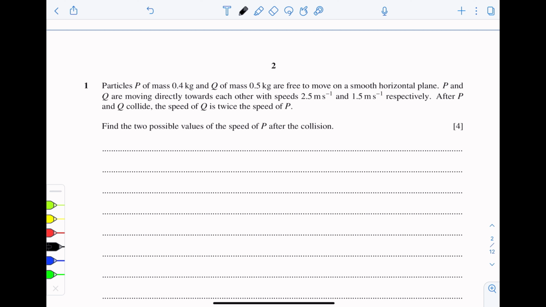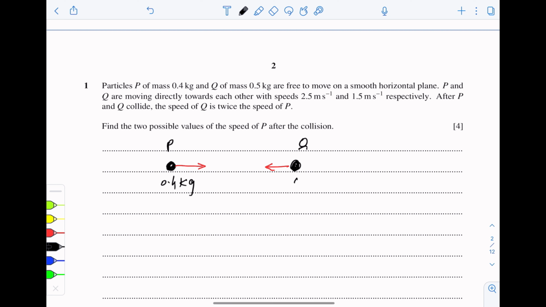Let this be a particle P. This particle is Q. They move on a horizontal plane, moving directly towards each other. P is moving towards Q and Q is moving towards P. Mass of P is 0.4 kg.